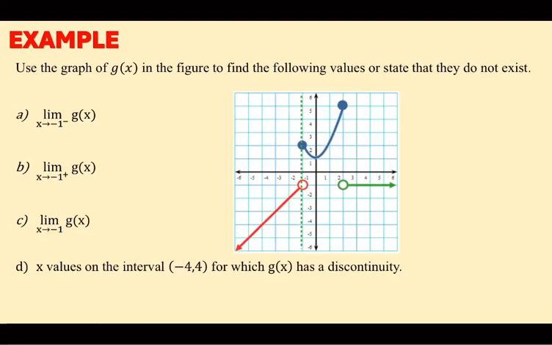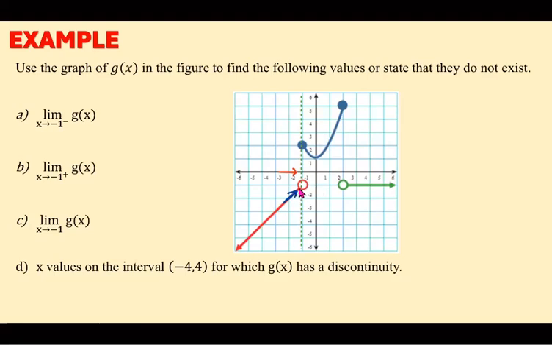Now the question is, in the first one, the limit as x approaches -1 from the left. When we go closer and closer to -1 from the left, the way I've shown here with the arrow, you can see that the graph is here. As x approaches -1, the graph approaches that hole, where the corresponding value is -1.